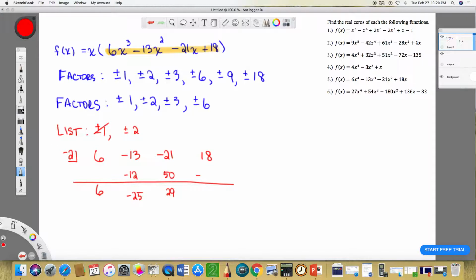Yeah, that's not going to be a 0 either. So 3 divided by 1, 3 is the next number in the list. Yeah, we found it. All right. And this is now a quadratic, so even better.